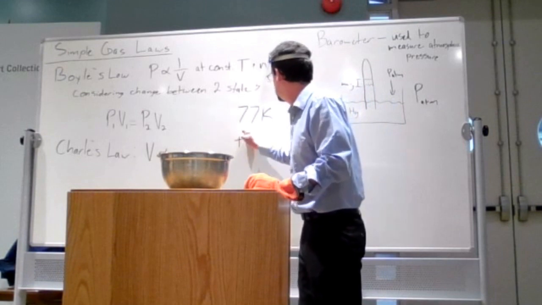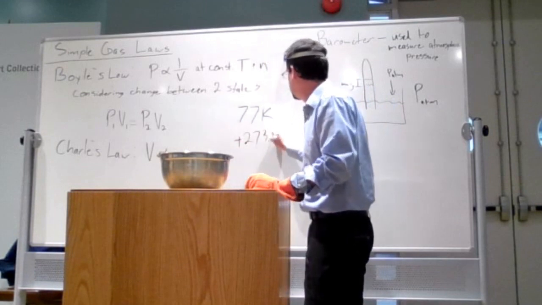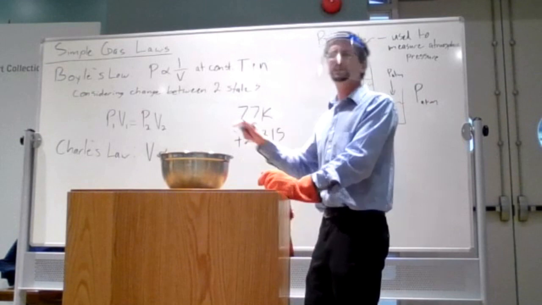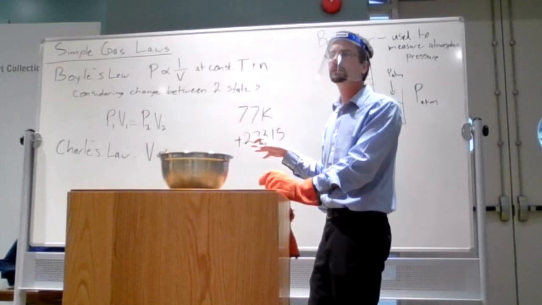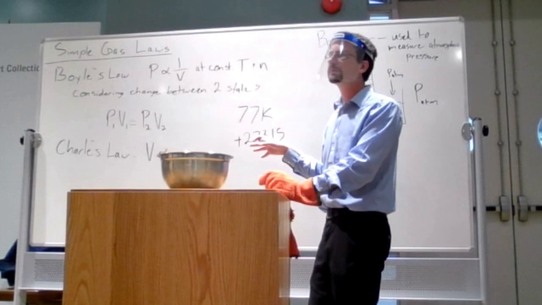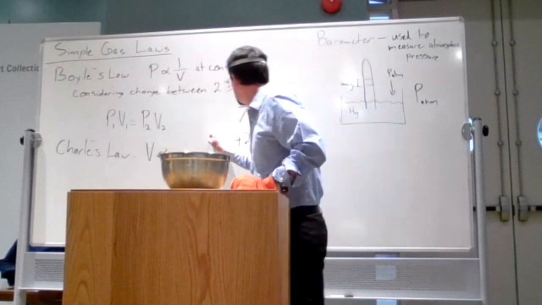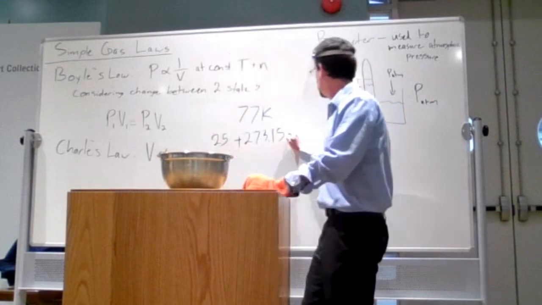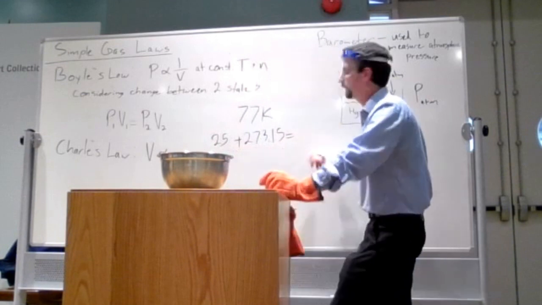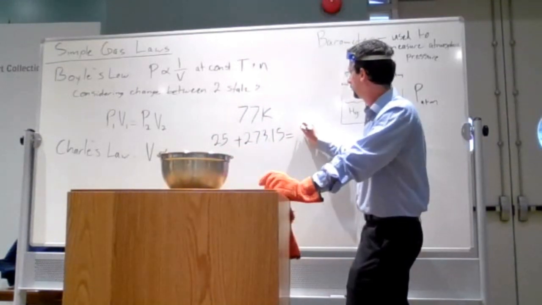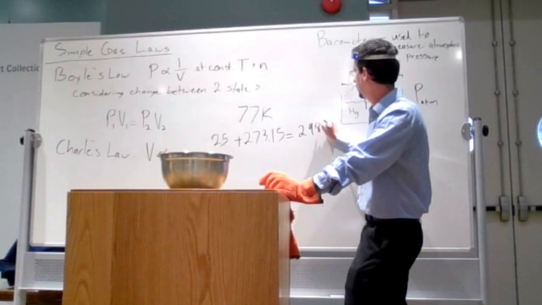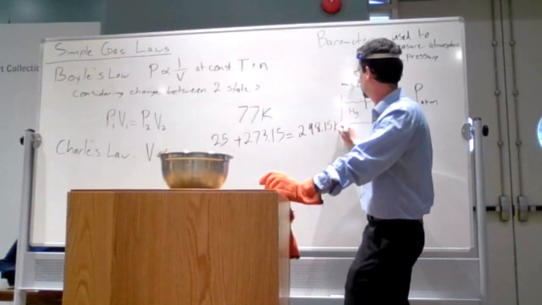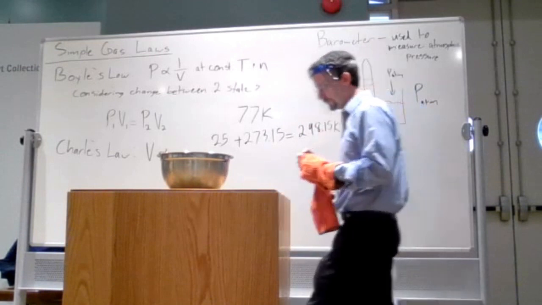You add 273.15 to it. And what's approximately room temperature in Celsius? Anybody know? Yeah, about 25. So math that for me. What's the temperature approximately of this room? 298.15, right? It's a pretty big difference in temperature.